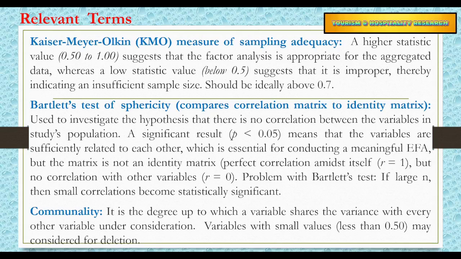Second is Bartlett's test of sphericity. It compares the correlation matrix to the identity matrix, used to investigate the hypothesis that there is no correlation between the variables in the study population.